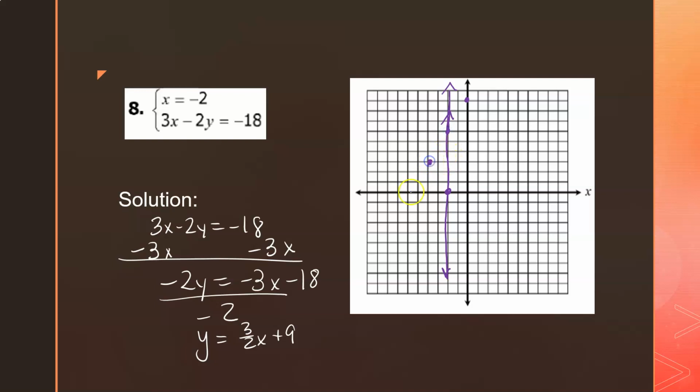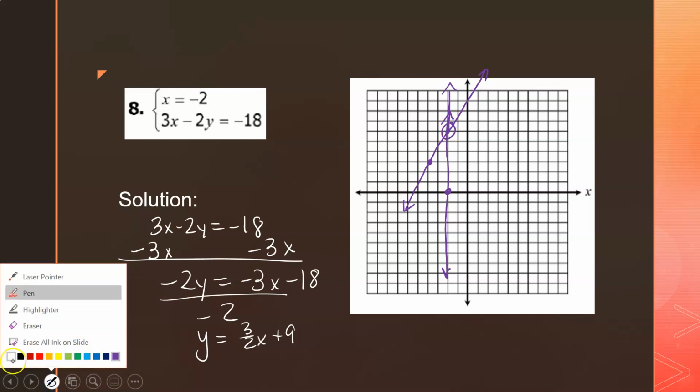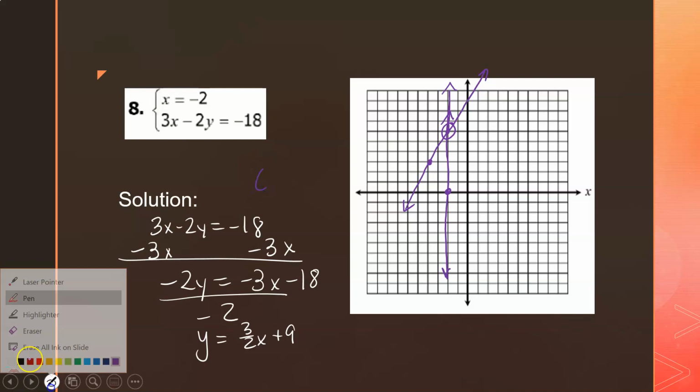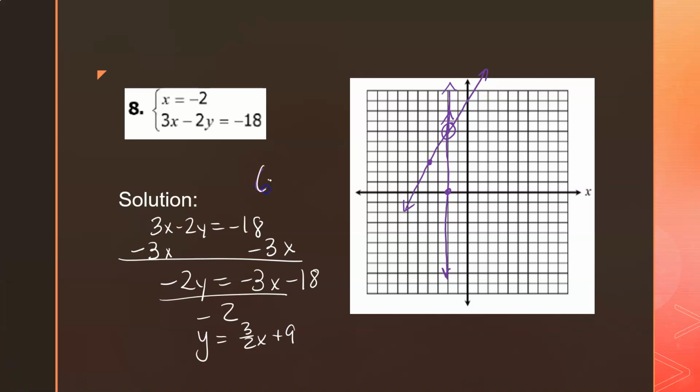Both negatives together make a positive. So there's my point of intersection. And my solution is -2, 6. That's the coordinates for that point. Okay, that's it.